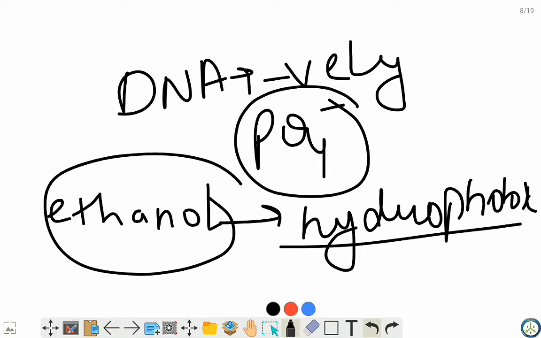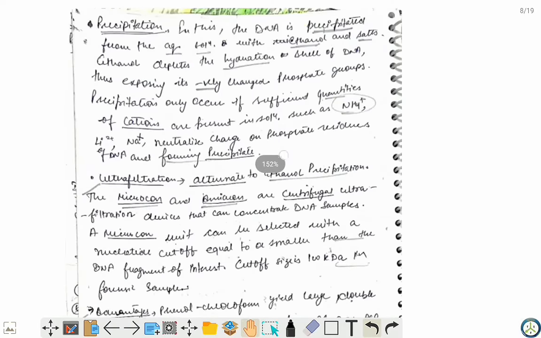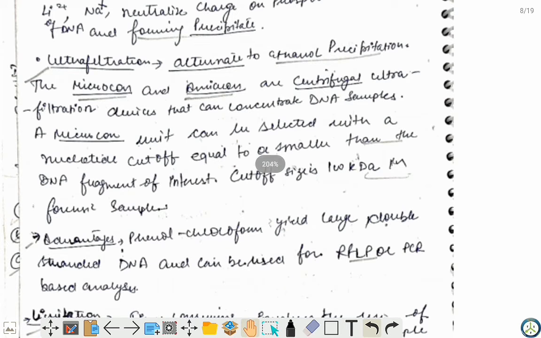Then, by adding an optimum concentration of salt, we can precipitate the DNA, and it will be easy for us to extract the DNA from that aqueous phase. Clear?